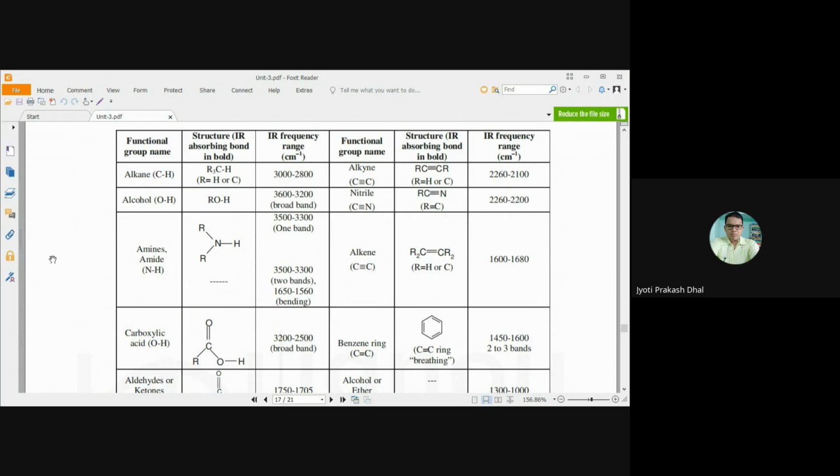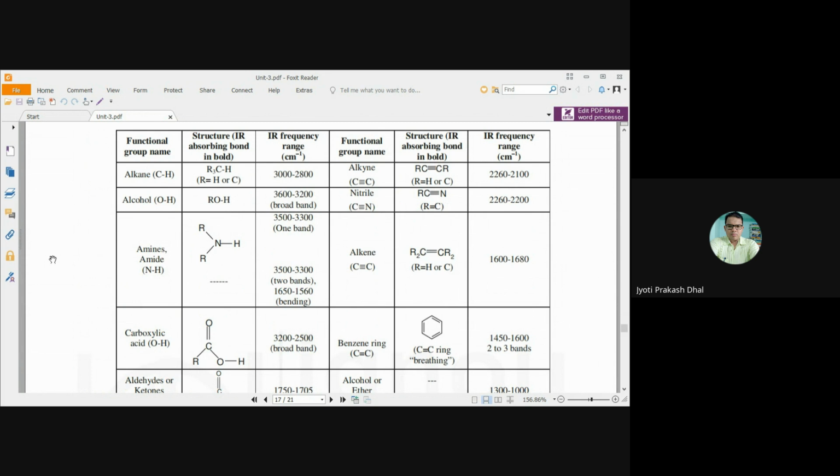Now for alcohol, the IR absorbing bond is oxygen hydrogen bond, and here there is a broad band in the frequency range of 3600 to 3200. Similarly, for amines, the IR absorbing bond is nitrogen-hydrogen bond. So that will show three different bands. First band is due to 3500 to 3300 centimeter inverse, and the other two bands you will observe from 3500 to 3300 centimeter inverse.